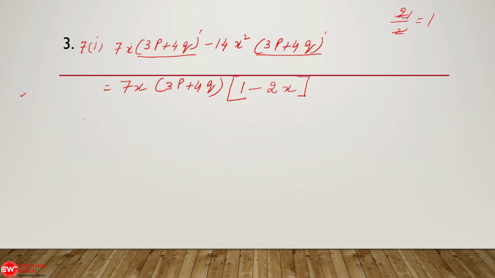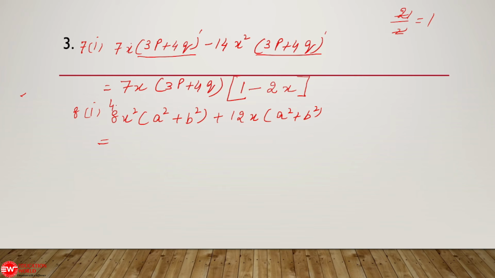Then we'll do 8th question, first part. So it is 8x square(a square plus b square) plus same way 12x(a square plus b square). So how will we do it? It is 8 and 12.